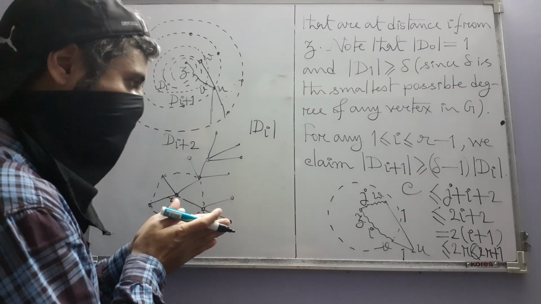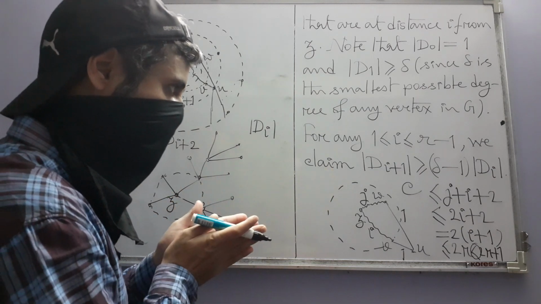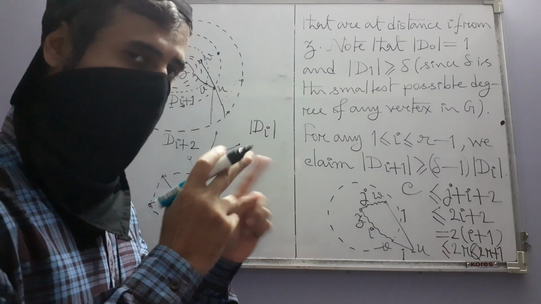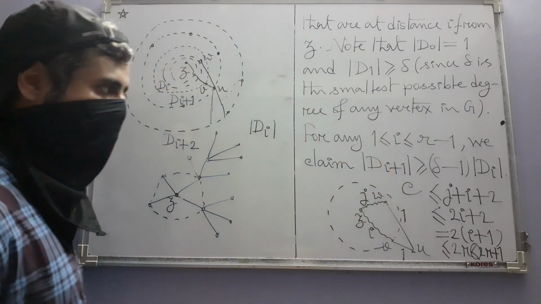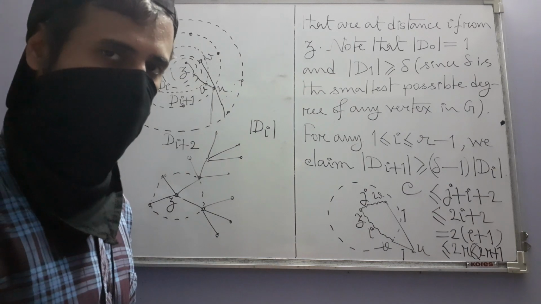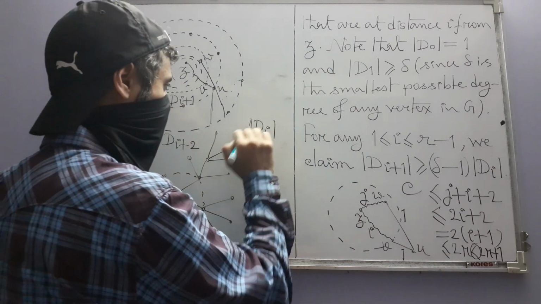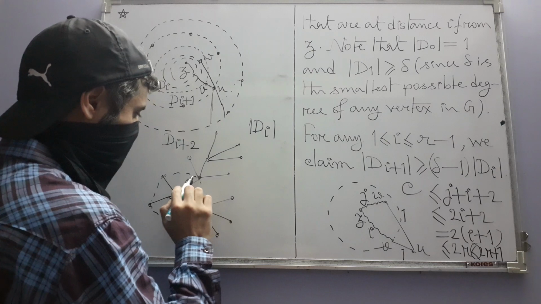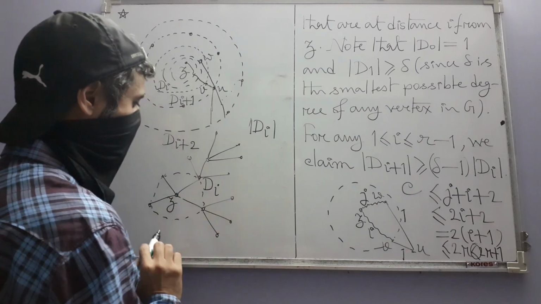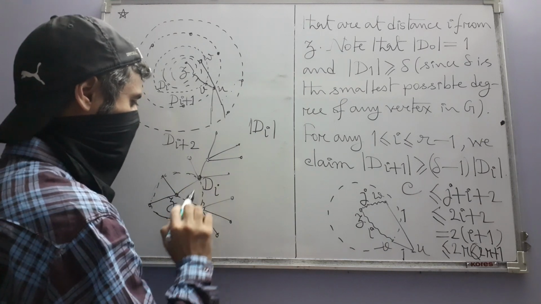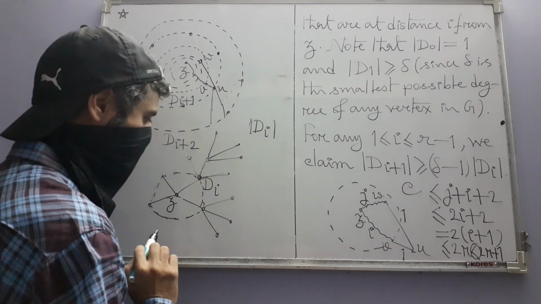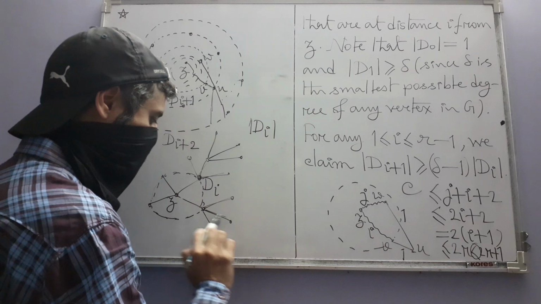Now each vertex is giving rise to some further vertices, and those further vertices will contribute to the size of Di plus 1 because they make up Di plus 1. Alright. Now say this is your Di, just for the sake of argument. This vertex is giving rise to some other vertices. This one is giving rise to some other vertices.